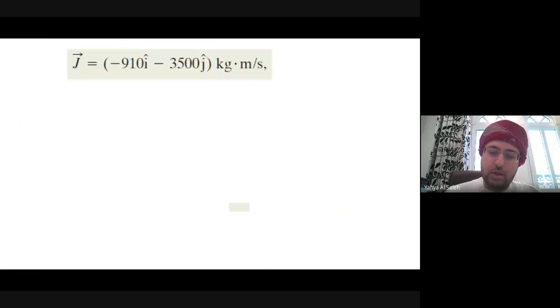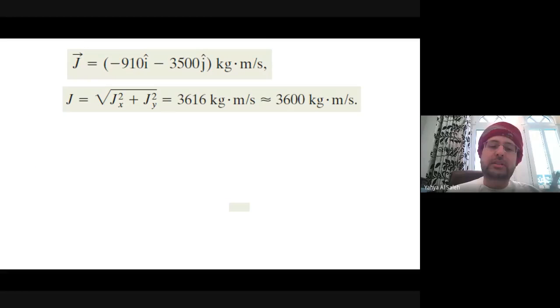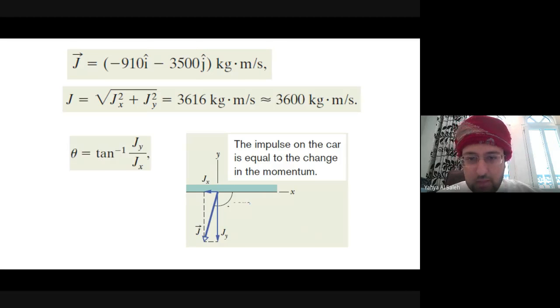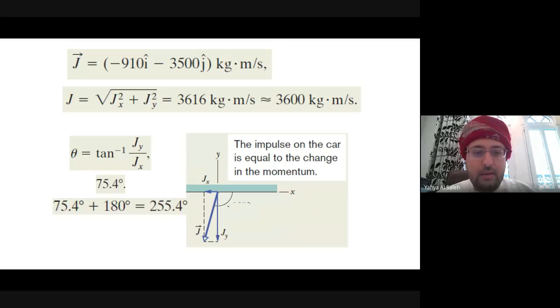So we take the magnitude of this force and we end up with almost 3,600 kilogram meters per second. It should be, Dina. Yes, it should be the same. If you do it properly, it should be the same. Okay.